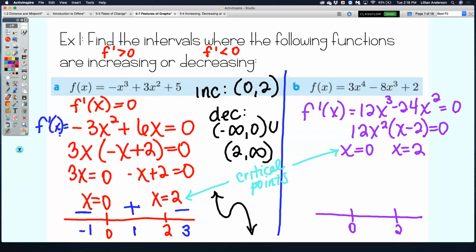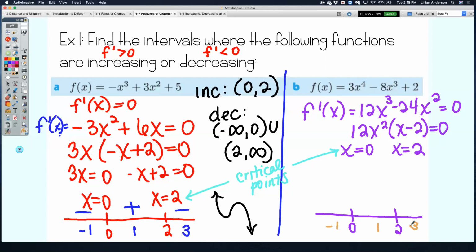Now what do I do? Plug in test points to see if your slope is increasing or decreasing. Wonderful. Which test points did you use, Zach? 1, -1, and 3. All right. Pretty similar to the ones from before because we had the same values there.